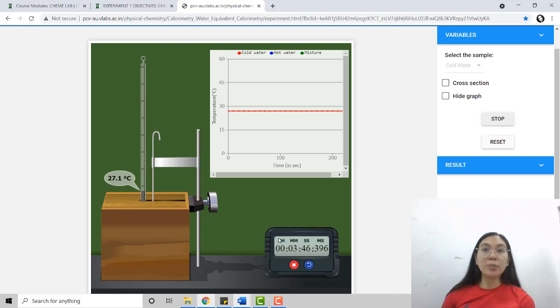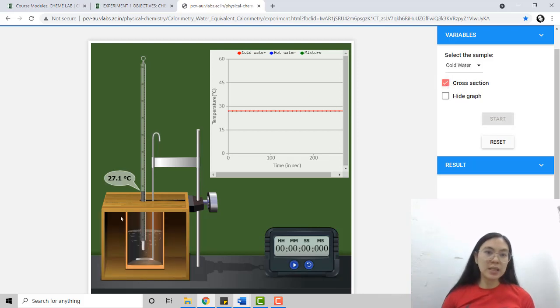We're almost at the 4-minute mark, class. And by the way, the mass of the cold water inside this calorimeter is set at 100 grams. So we assume that the mass inside is 100 grams.